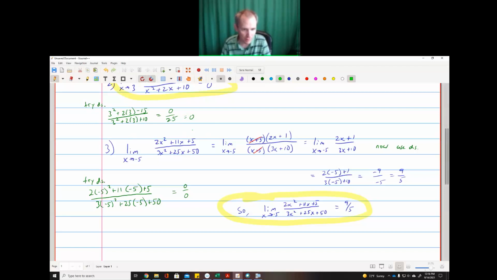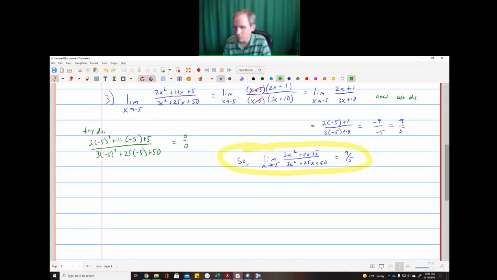This first limit is equal to the second limit, and the second limit is equal to the third limit. And this third limit's the one I can do direct substitution on, right? So writing limit here is important. Once I do direct substitution, I don't need to write limit in front anymore. Okay. So it's good to keep good habits with notation as we go through.